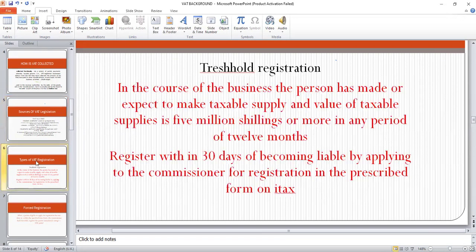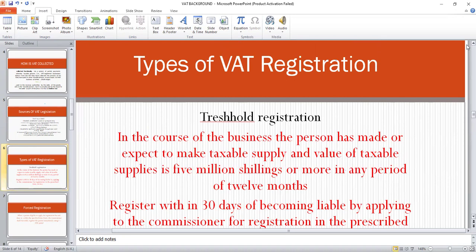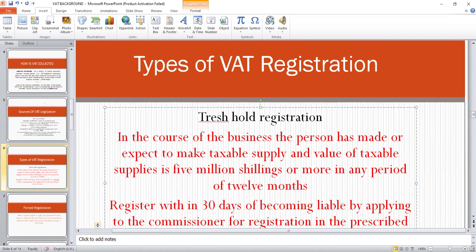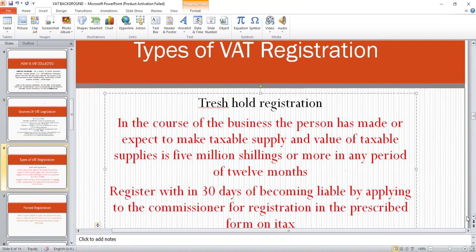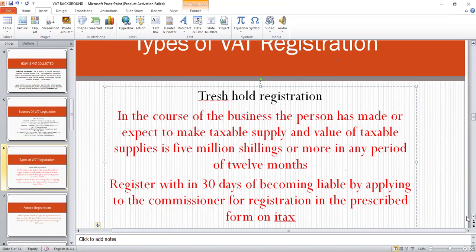The next one is about the types of VAT registration. Who is supposed to register for VAT? The first registration we call threshold registration. In the course of the business, the person has made or expects to make taxable supplies, and the value of the taxable supplies is 5 million shillings or more in any period of 12 months.